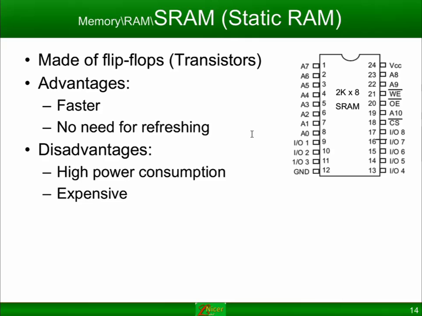From flip-flops and latches you can make registers, and from registers you make RAM. These are the step-by-step processes for the construction of RAM. RAM is a larger memory unit, and as you go step by step behind it, you get the basics.